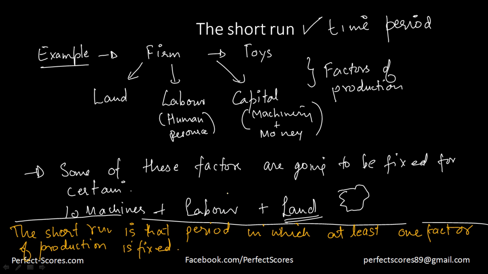So that is what you mean by short run, that at least one of these is fixed. That means either machines or labor or land, or two of them or all three of them are fixed. That is actually what we mean by short run, right?